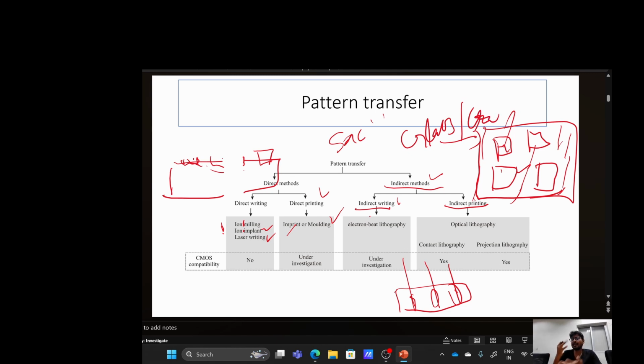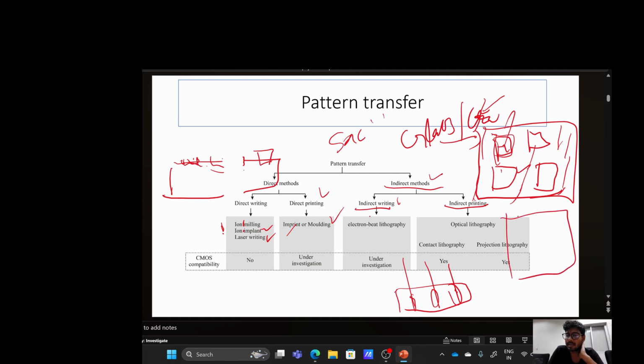There is a glass substrate, the kind of substrate that you can use for device fabrication for testing purposes. Then there is chrome over that substrate, and there is a pattern in the chrome. The UV light cannot pass through the chrome, that's why we use chrome, and there is an opening in that which is transparent to the UV light.